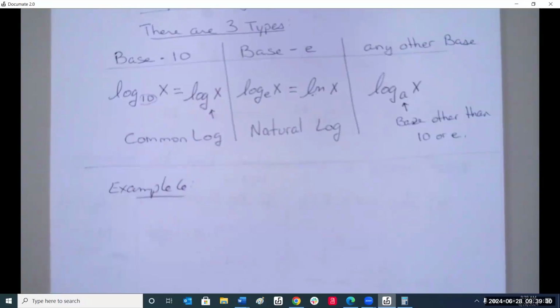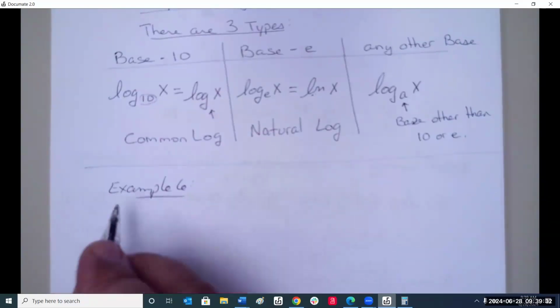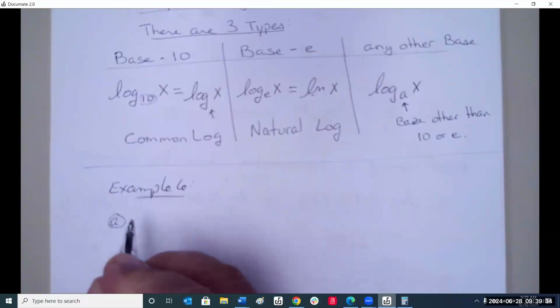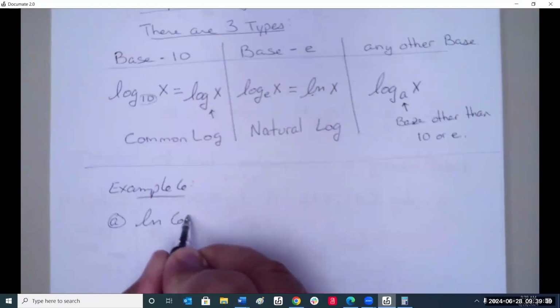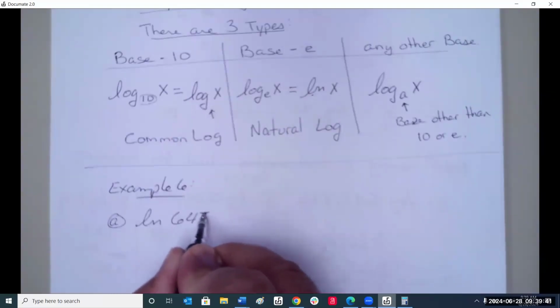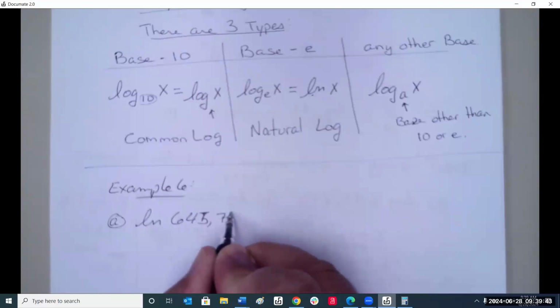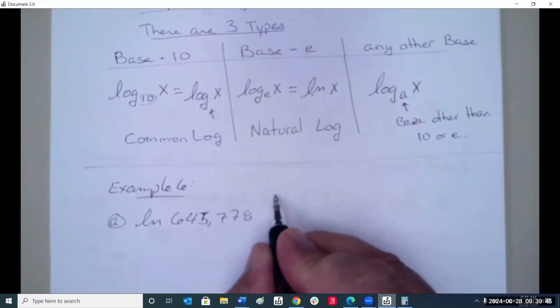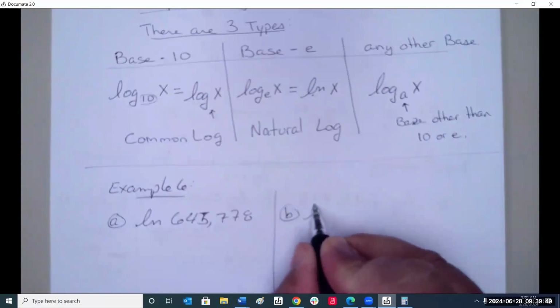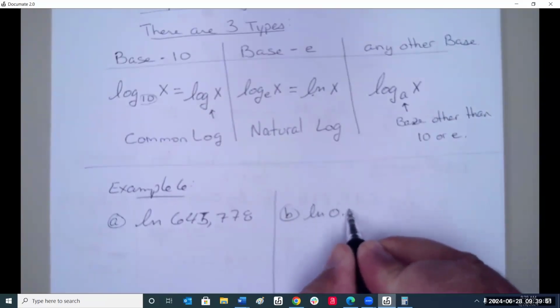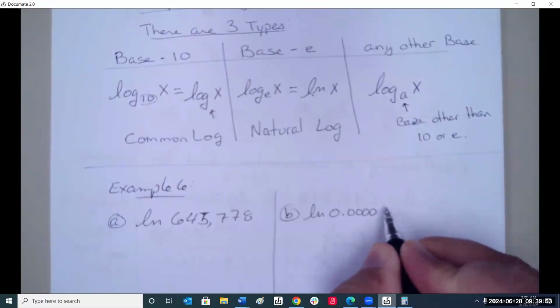Find each of the following on a calculator. A is ln of 6.457778. B is ln of 0.0000239.